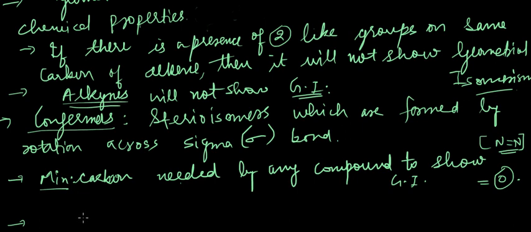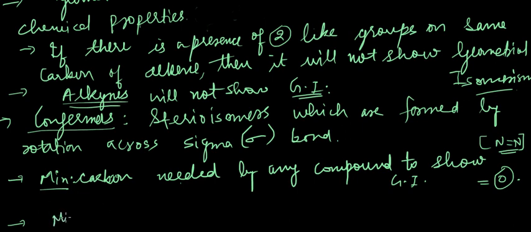So what is the minimum carbon needed by an alkene to show geometrical isomerism? Just 2, right? But if we ask the minimum carbon needed provided there is no functional group attached, then the answer would be 4, right?